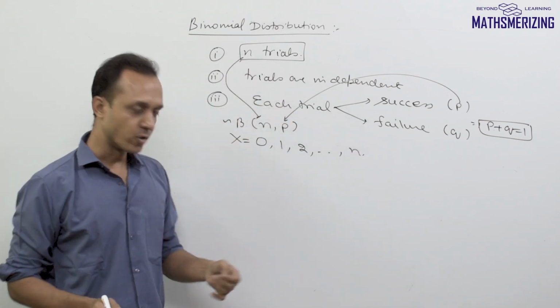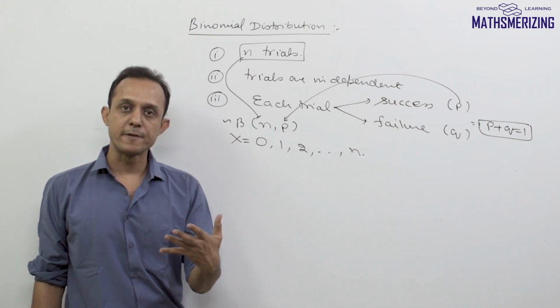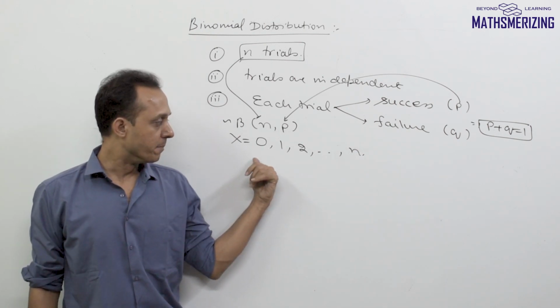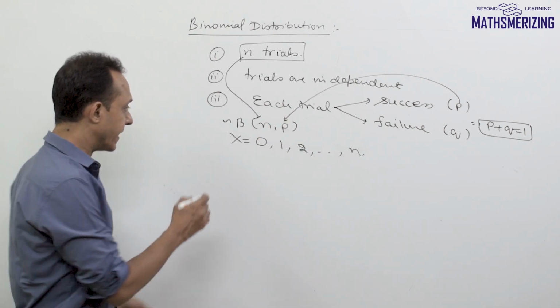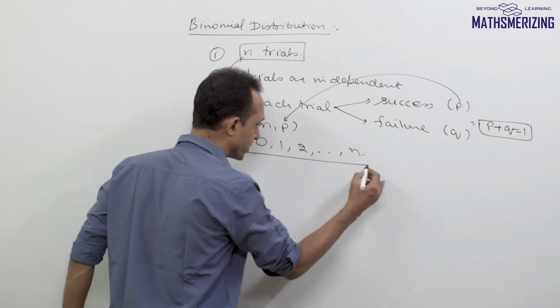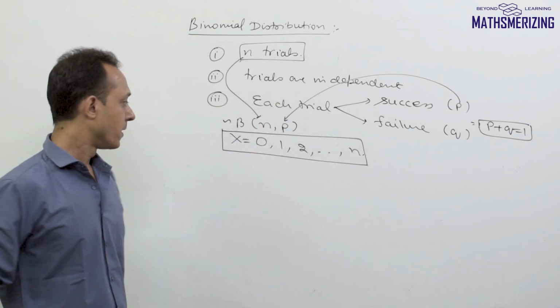So in the case of this coin experiment, if I'm tossing a coin 10 times, then the minimum number of times I'll get heads is 0, and the maximum number of times that I'll get heads is simply 10. So the random variable in the case of binomial distribution takes the values from 0 to n.